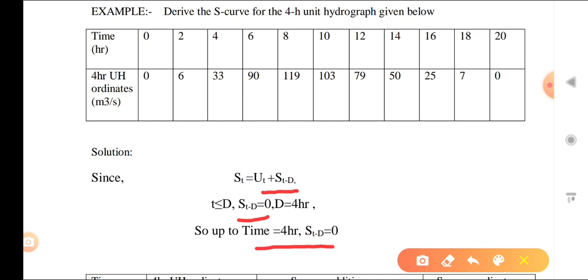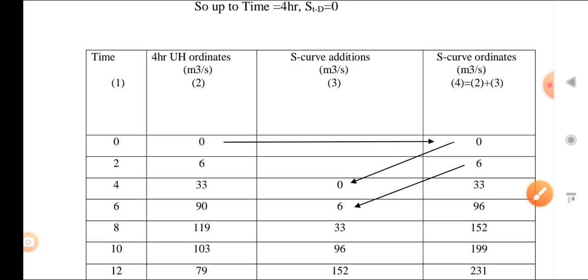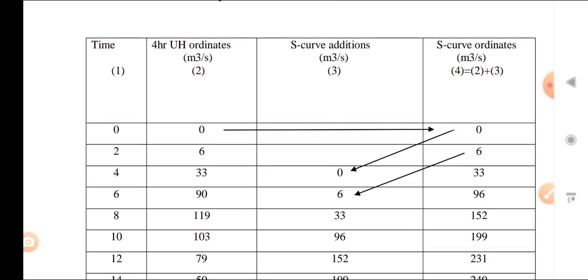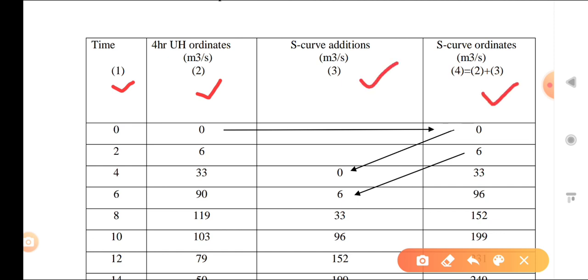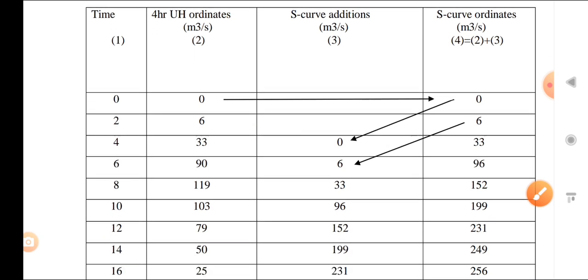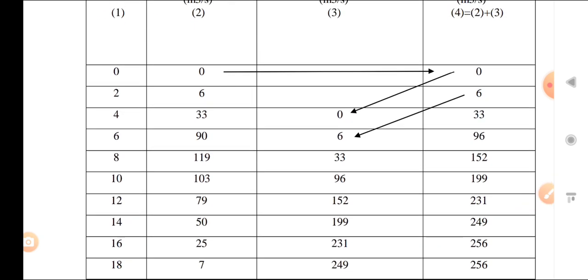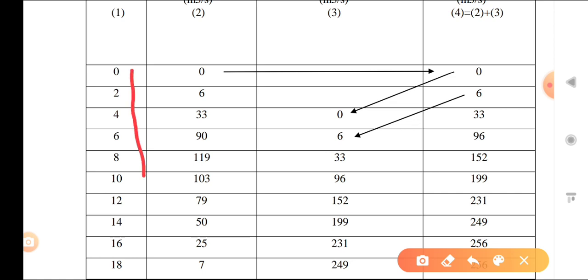Now you can make the entry in tabular form. The first column is time, the second is the 4 hour unit hydrograph, then the S curve addition, then the S curve ordinate. The values have been given in your question paper.